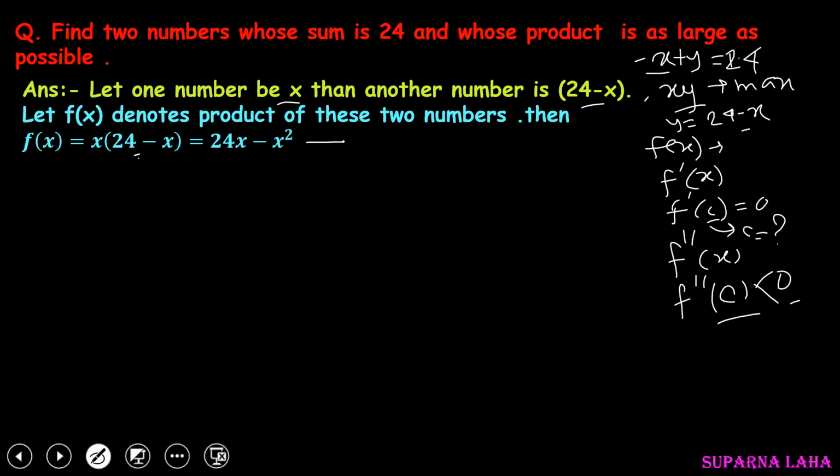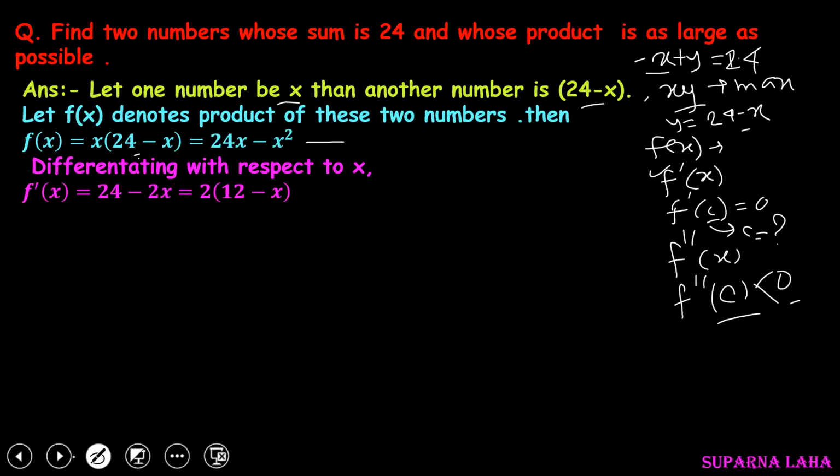Then our work is to find the first derivative. Differentiating with respect to x, for 24x you will find 24, and for x² it is 2x. Now take 2 common, so from here you can say that the point is x equals 12. For x equals 12, the first derivative is 0.